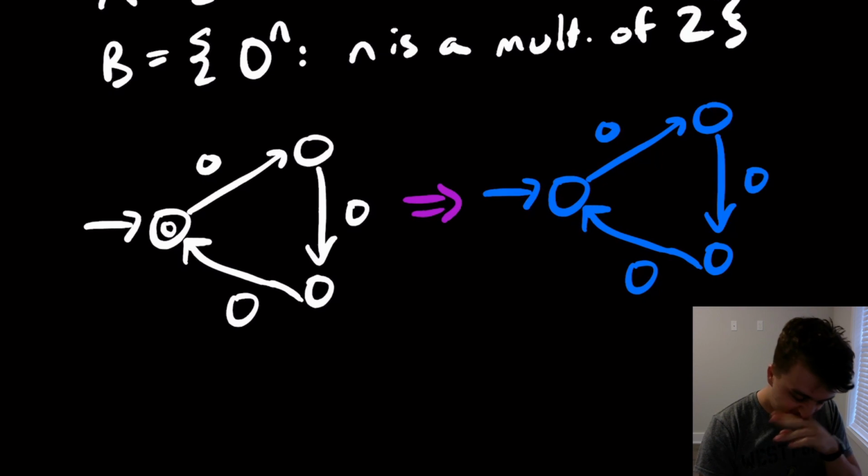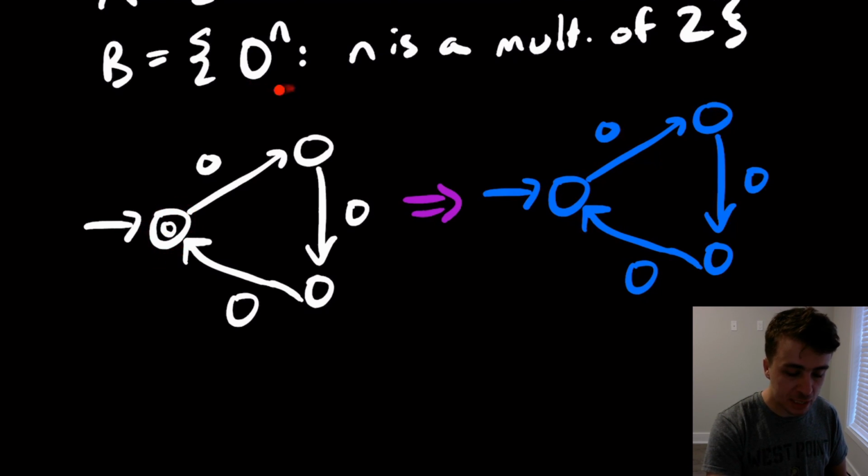What we're going to do is mark states as being final if there is a way to go from that state to a final state using a string from B. Let's look at this state right here, and the target state that we want to land in is this one.